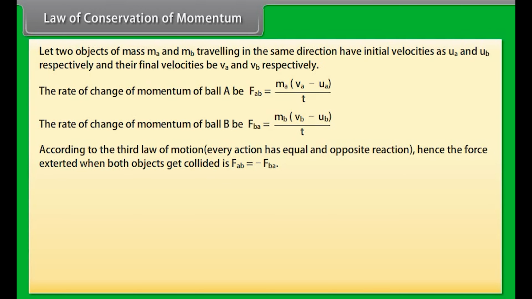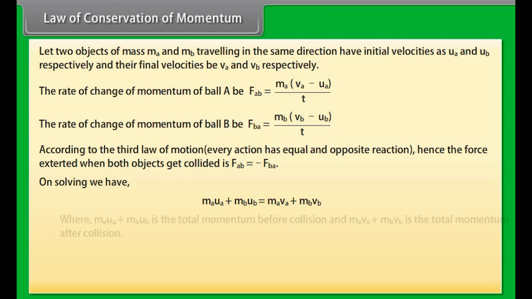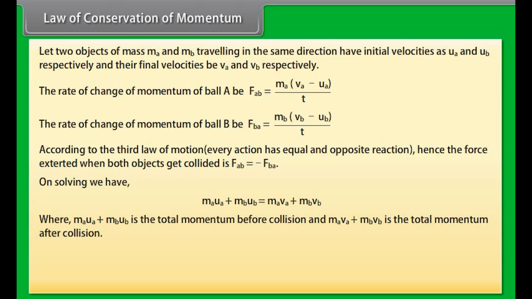Hence, the force exerted when both objects collide is FAB equal to minus FBA. On solving, we have maua plus mbub is equal to mava plus mbvb, where maua plus mbub is the total momentum before collision and mava plus mbvb is the total momentum after collision.